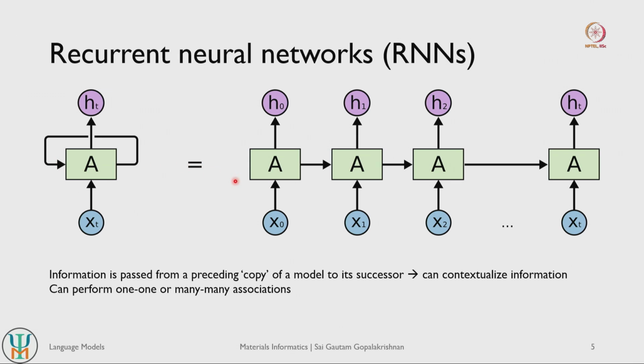If we were to unravel this loop, let us say your model saw some initial input, learned to make an output prediction, and also made sure that this information was passed on to a successor model. This can be the same model whose weights and biases are updated, or a truly successor model which is a copy of this model. The weights and biases of this model, or the embeddings that this model generates, can be updated based on the history as well as the new inputs.